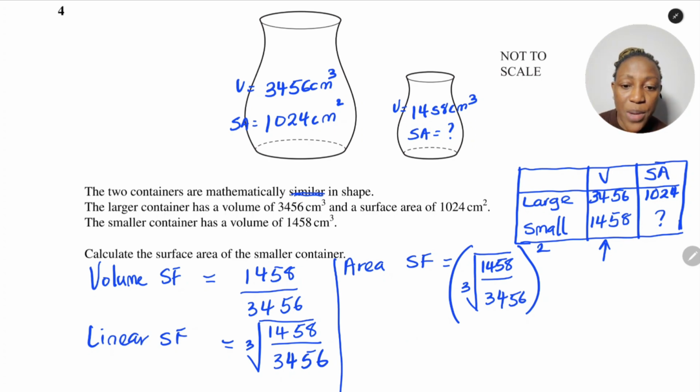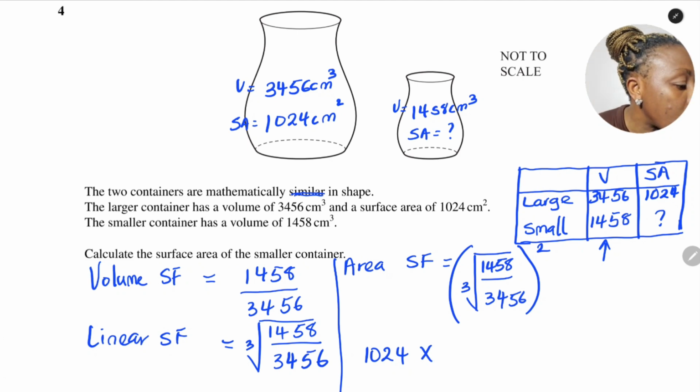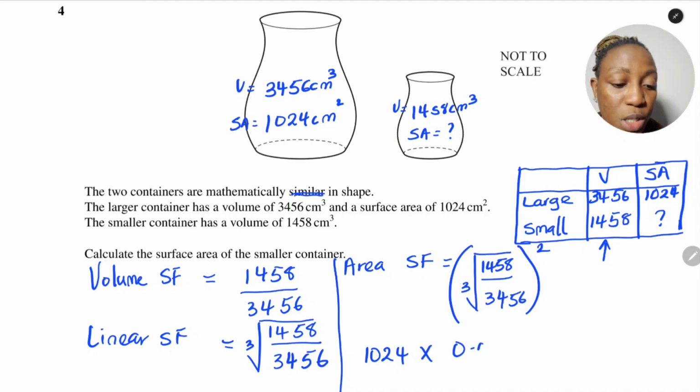Now, what have we been asked to find? The area of the smaller one. So what do we do? We take the surface area of the bigger container, which is 1024, multiplied by this value. If you evaluate this, let me check here, it's going to be 0.5625.